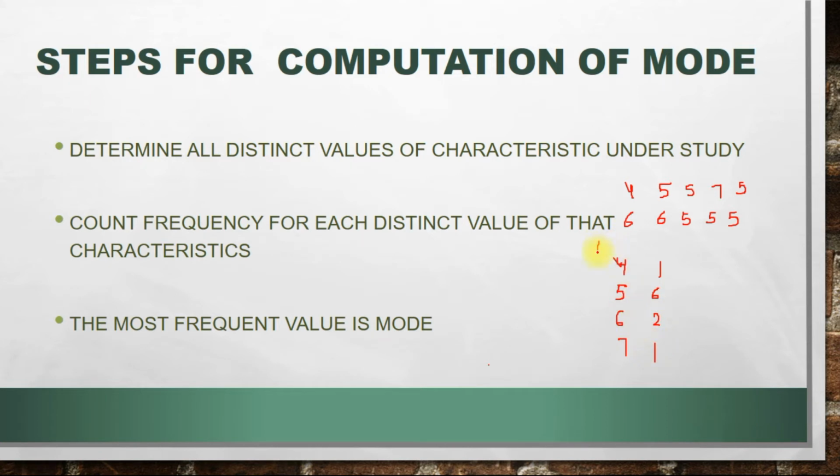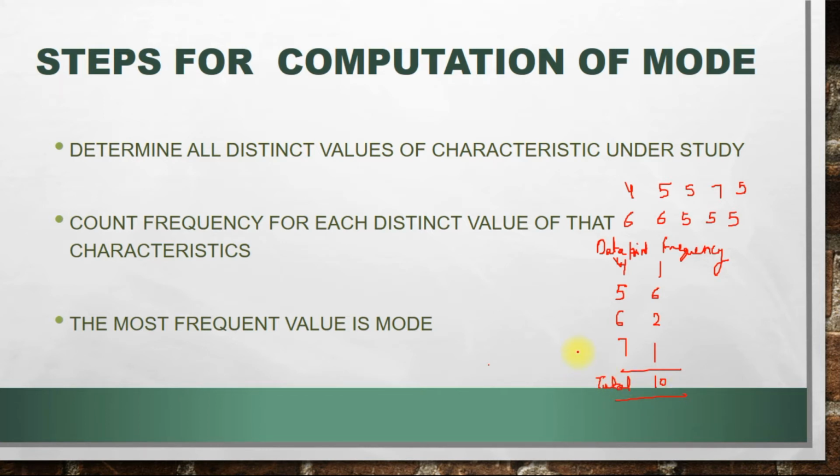So these are the data points, and against them there are frequencies. In total we have 1 plus 6, 7, plus 2, 9, plus 1, 10. This is step number 2.